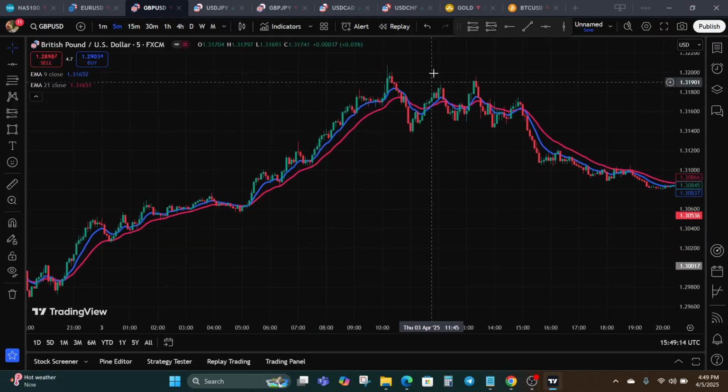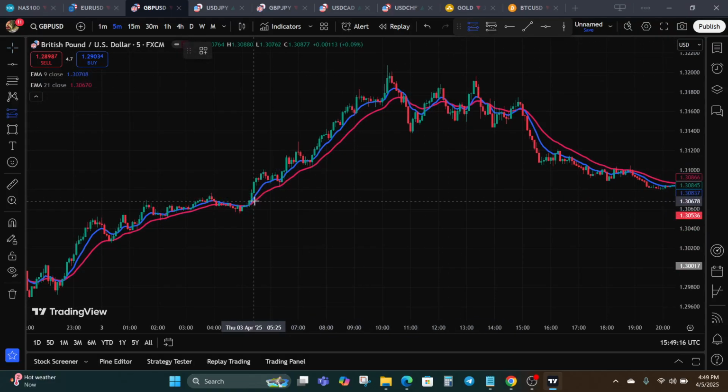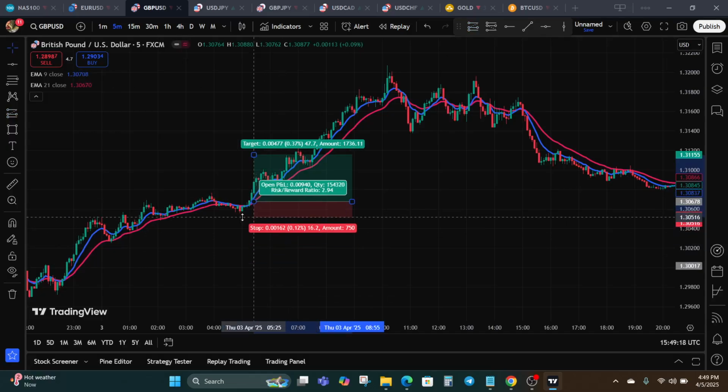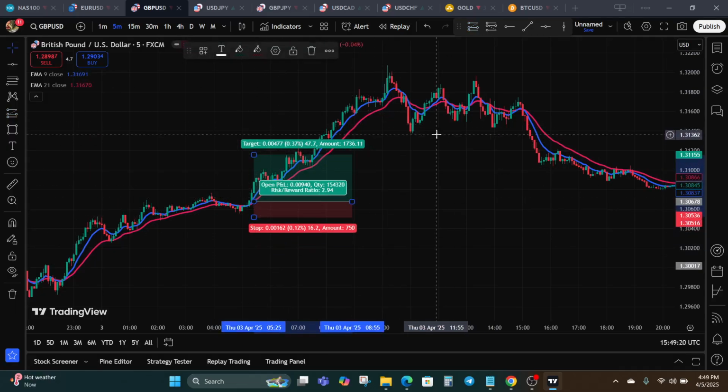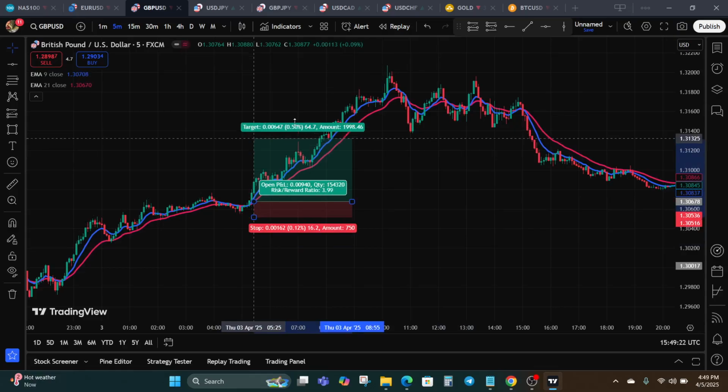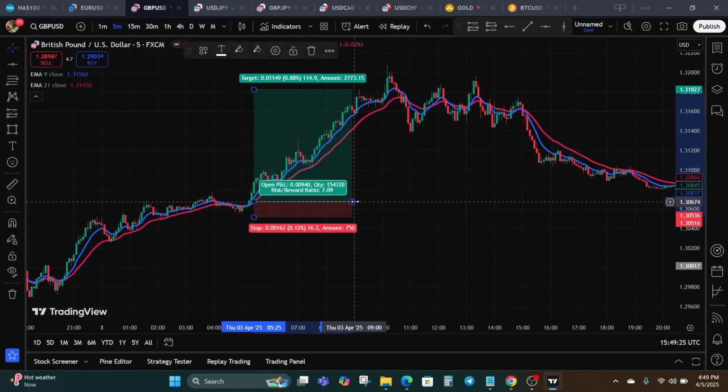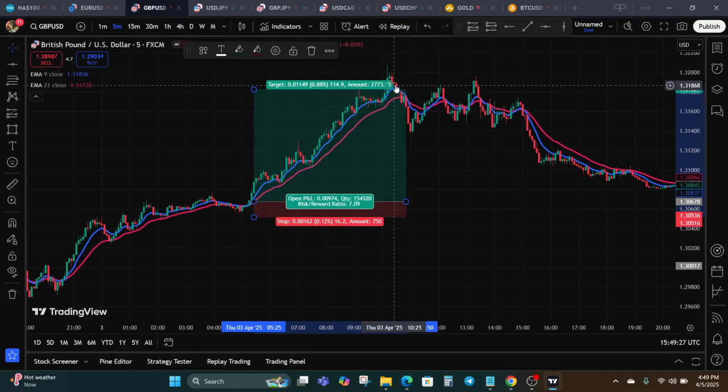If you enter a buy after you get your confirmation, with a stop loss below the previous swing low, then take profit can be when the 9 EMA crosses back below the 21 EMA.